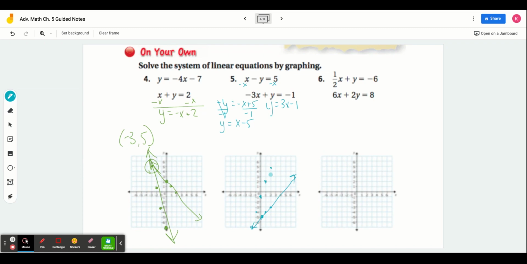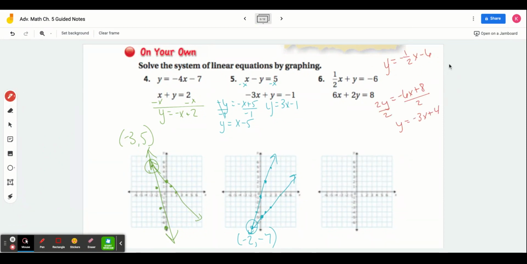And when we put this line through here, we can see that our lines cross here at -2, -7. With this last one, go ahead and give it a try and then we will go over it together.